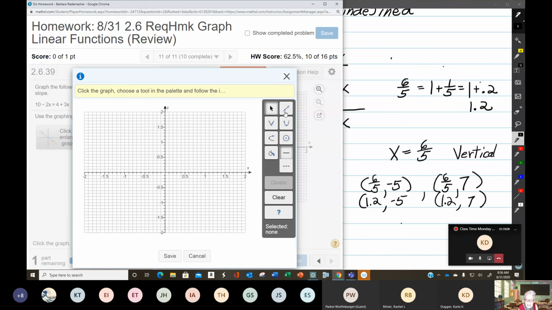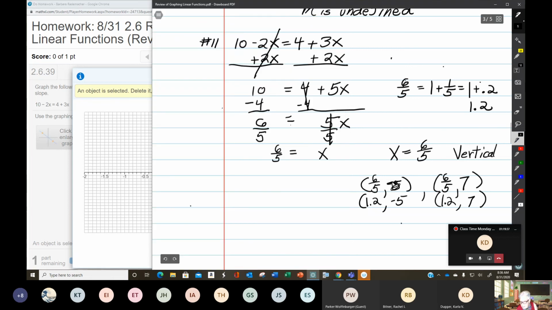Boom. Now, 1.2. Okay, 1.2, and then I'm going to go down to -5. I can't go down to -5. Okay, I'm going to change it to -2. Down to -2. So let me mark this out and put -2.